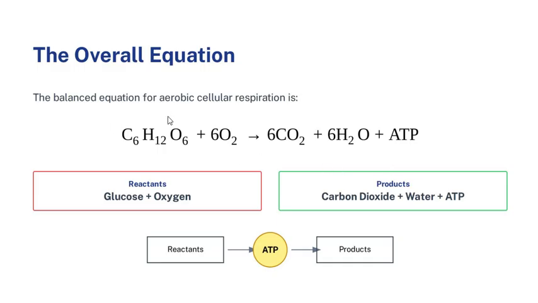And this is for aerobic cellular respiration. There's another thing called anaerobic cellular respiration, and that's when we don't have any oxygen. There are two things called fermentation and another one.